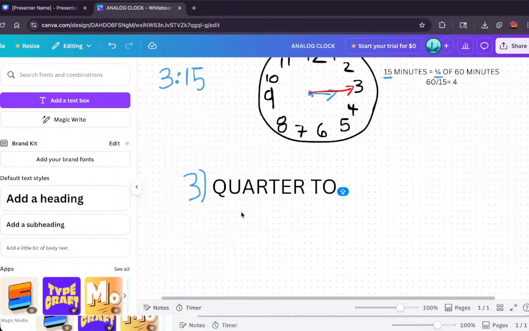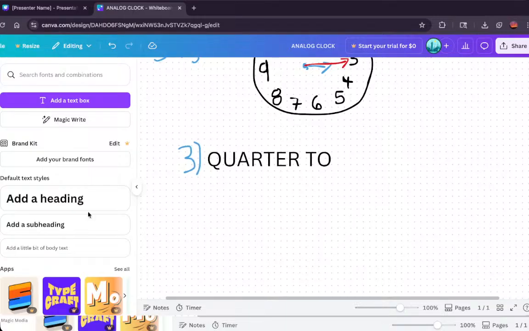Quarter to. So, quarter to means 15 minutes before the next hour.